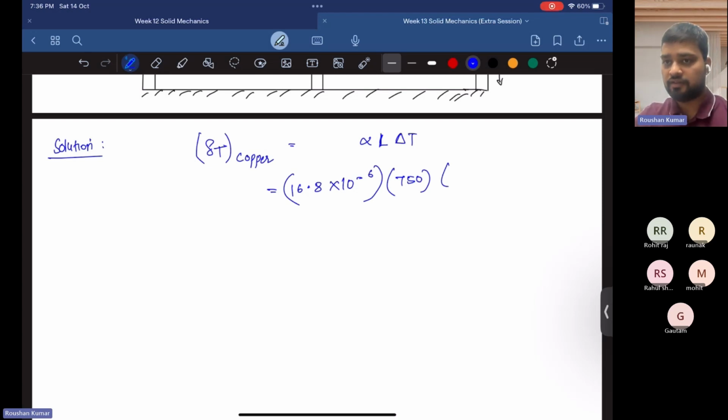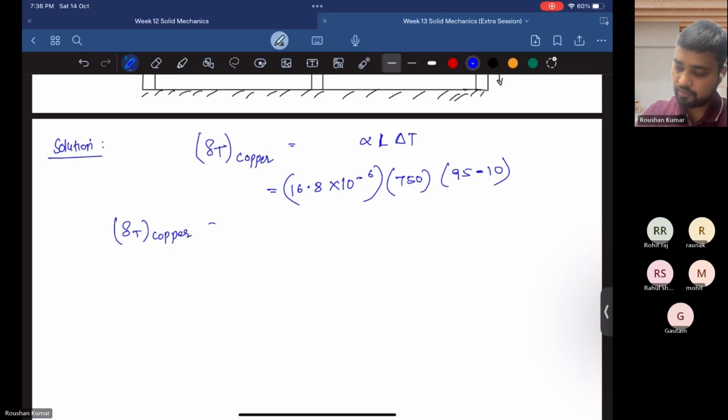Initially it is 10 and it is changed to 95, so 95 minus 10. So delta T of the copper is coming out to be 1.071 mm.